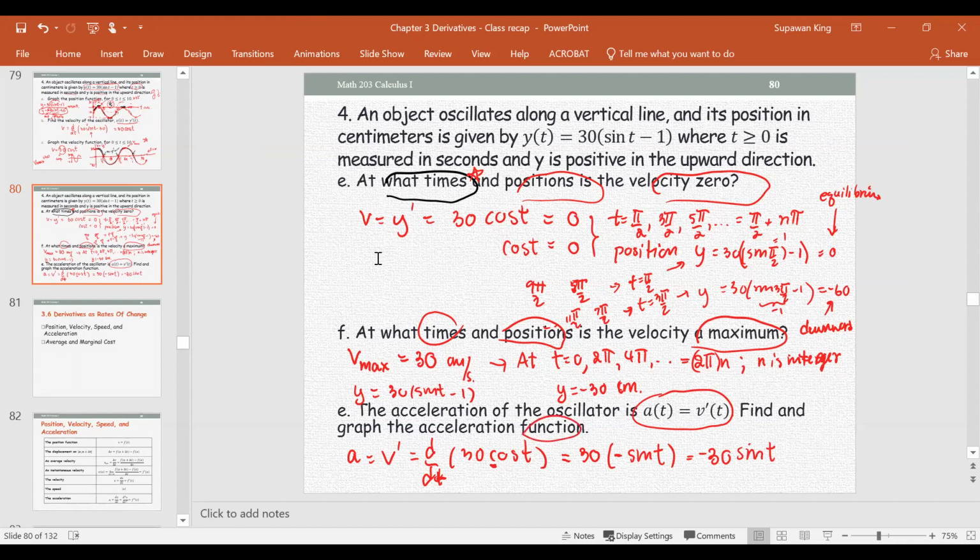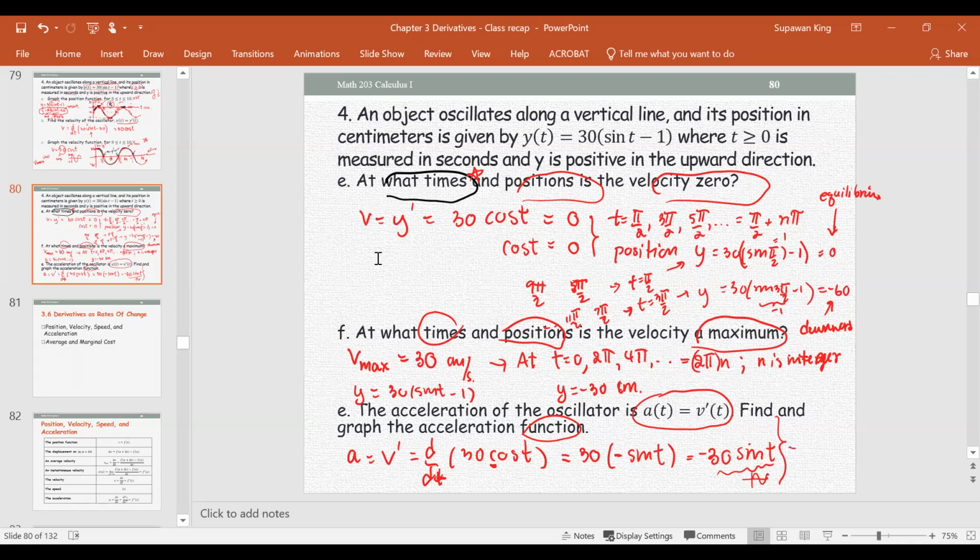We got the function, and how about the graph? The graph is the graph of the derivative of v, or we can compare with the graph directly from the function that we just derived. The typical sine function starts from 0 and goes up and down, but this is negative 30, so the amplitude is still 30, but the graph is reflected.